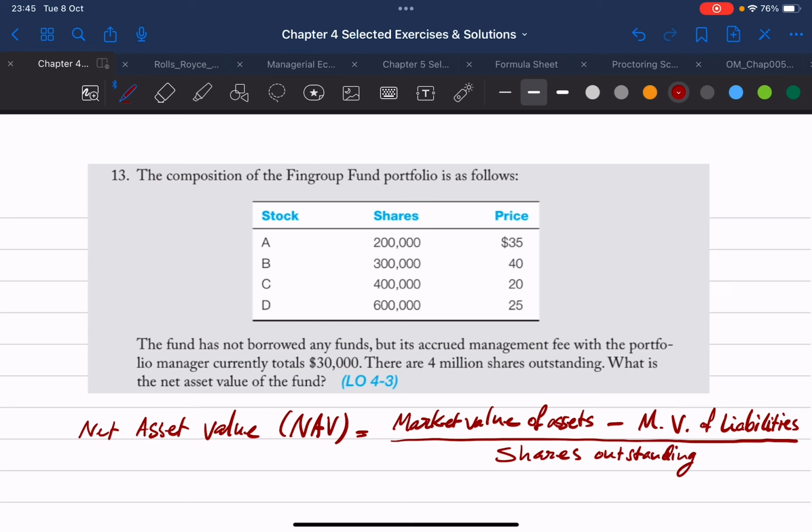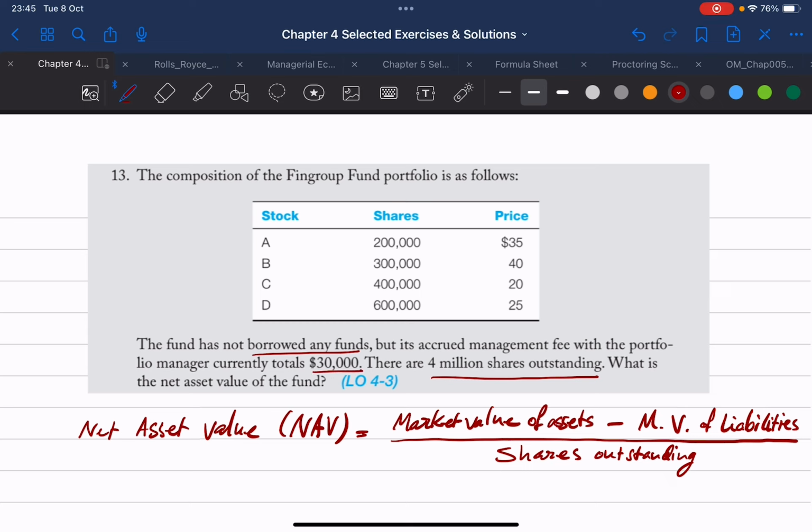Okay, so we do have the number of shares outstanding right here. We also do have the information here at the top that says that the fund has not borrowed any funds, but the accrued management fee with the portfolio manager currently totals $30,000.